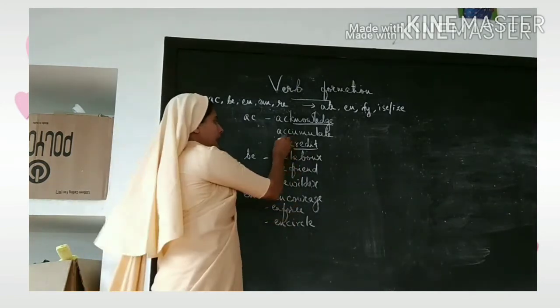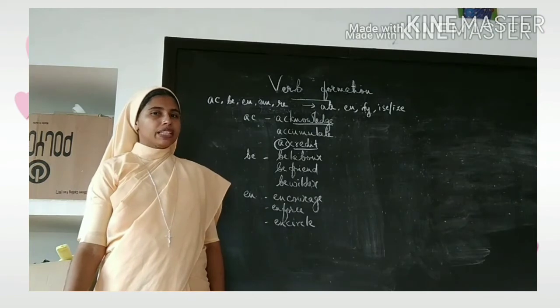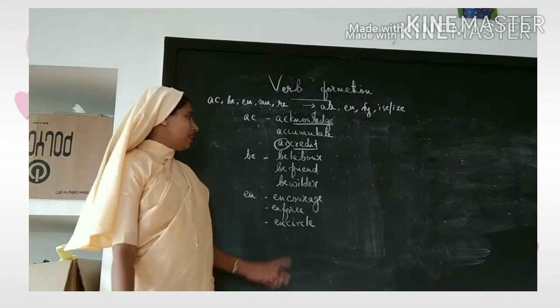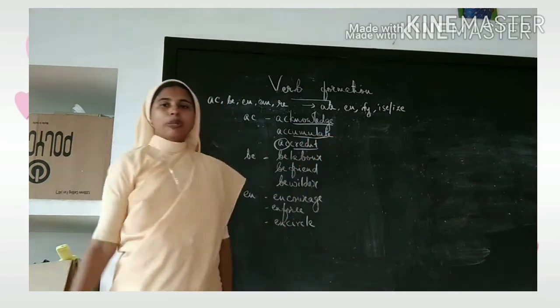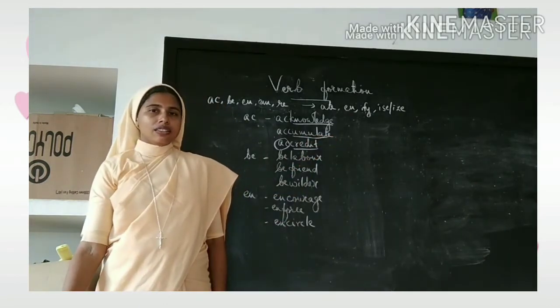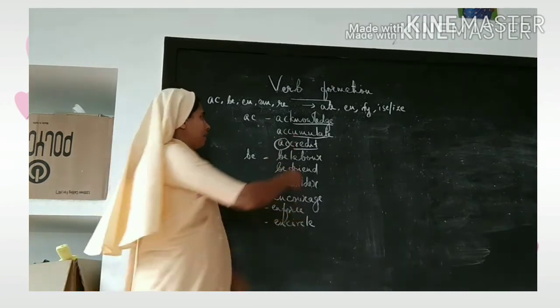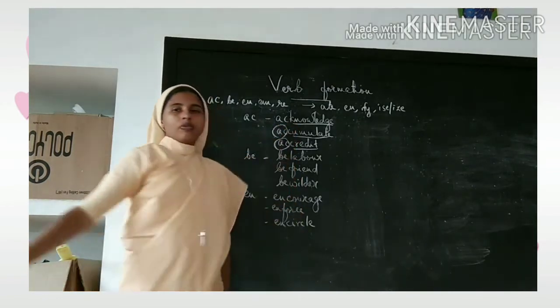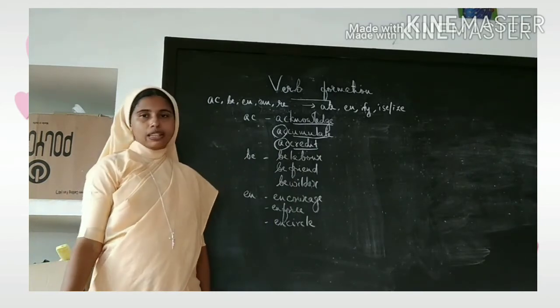When you use ac before it, you will get a new verb, accredit. Again, cumulate, an adjective is used. And when you use ac along with it, you will get a new word, accumulate.